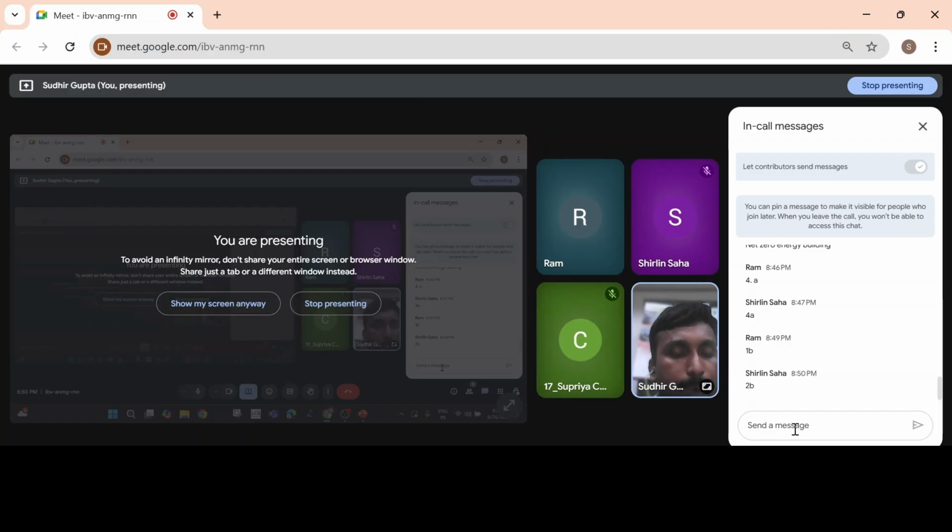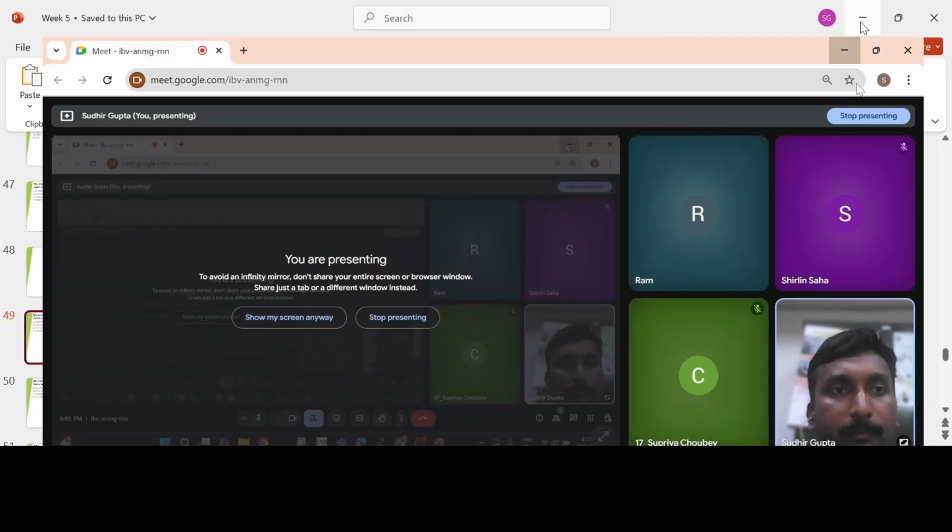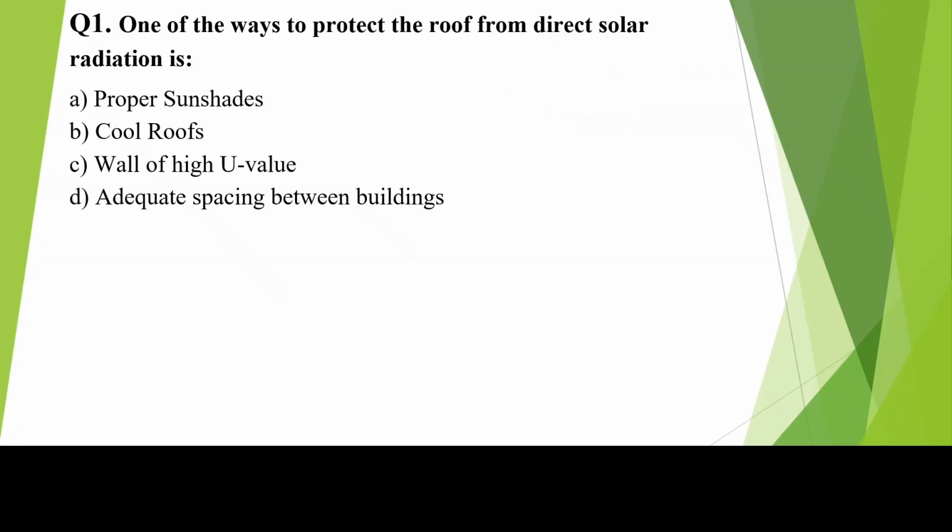It's one, fine, but two has been marked by Celine. So I think she is also saying one only. Maybe she has mistyped. So B is the correct answer for this question number one.